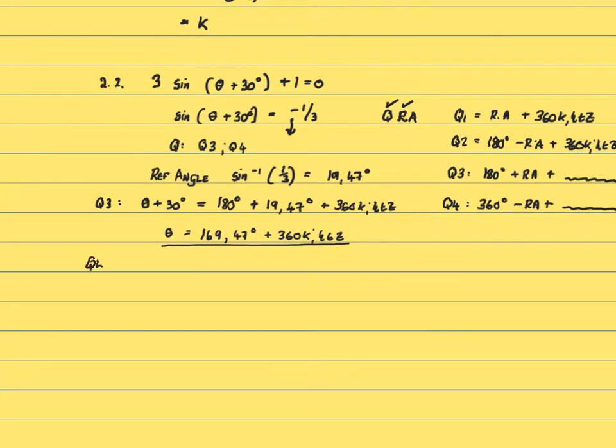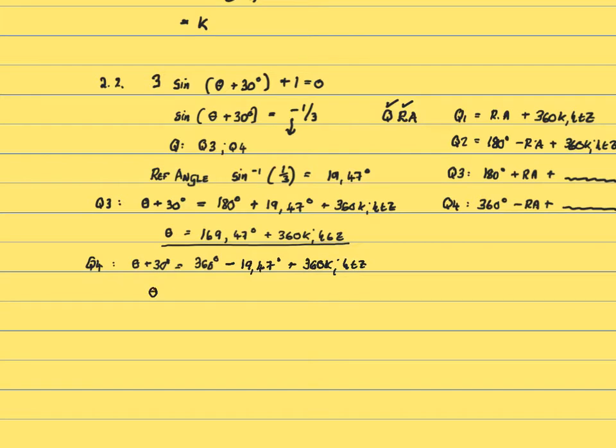In quadrant 4, I'm going to say theta plus 30 degrees is equal to 360 degrees minus 19,47 degrees plus 360k, where k is an element of integers.